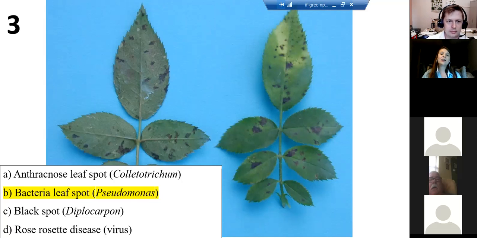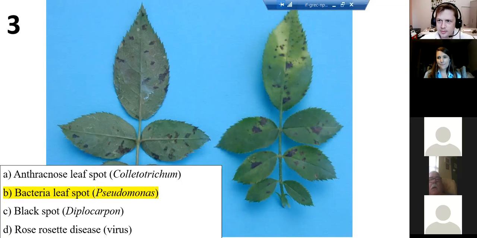And again, if you have these samples in hand, you would be able to do a quick test: you cut pieces and put them in water, and then you see the bacteria oozing out of that. Whereas for virus, that wouldn't be possible, and you would have to rely on the different symptoms. Yeah. And just the big one, the halo.